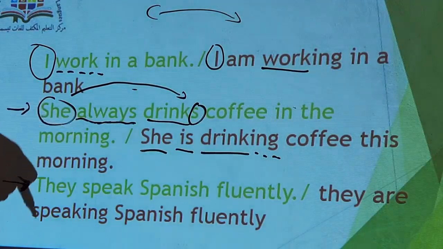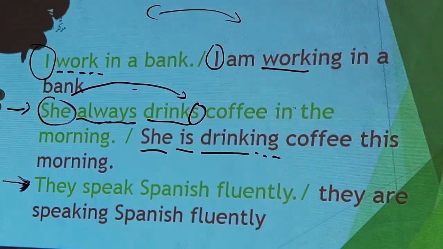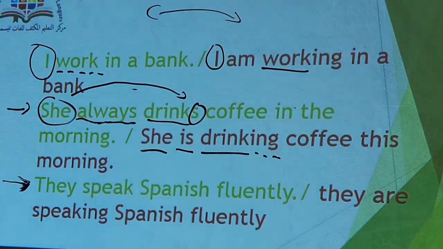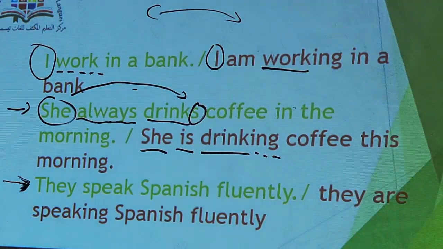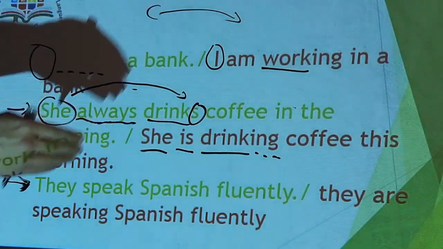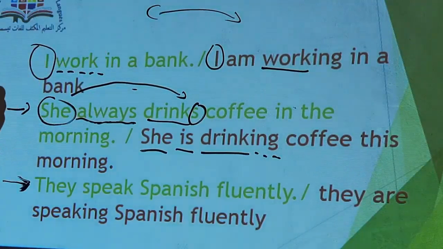They speak Spanish fluently. It means that speaking Spanish is one of their skills, one of their abilities. However, when I say they are speaking Spanish fluently, it means it is happening out of the knowledge of speaking.